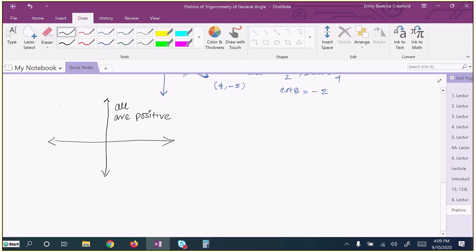In the second quadrant, only sine and cosecant are positive and everything else is negative. In the third quadrant, only tangent and cotangent are positive and the other four trigonometric ratios are negative. In the fourth quadrant, both cosine and secant are positive and the other four trigonometric ratios are negative.